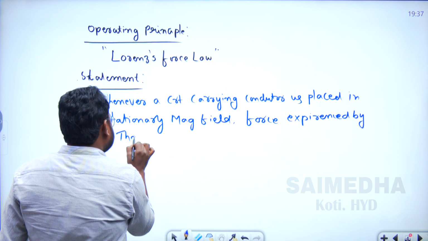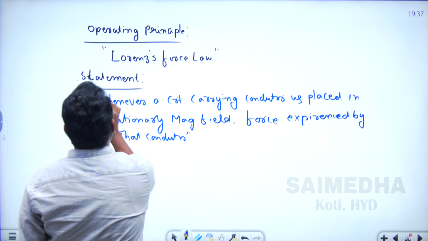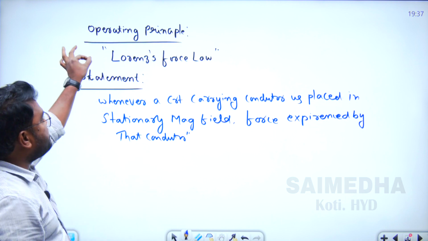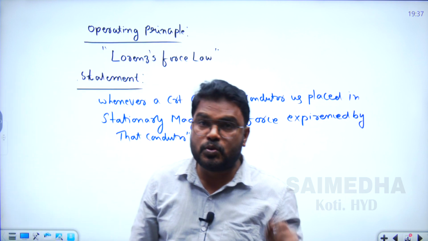Clear my point? So this is the statement of the Lorentz force law. So what is the operating principle? The DC motor operates on the principle of the Lorentz force law.